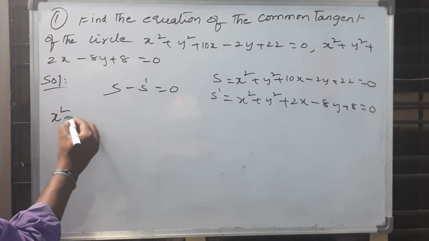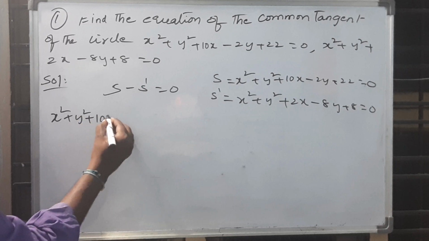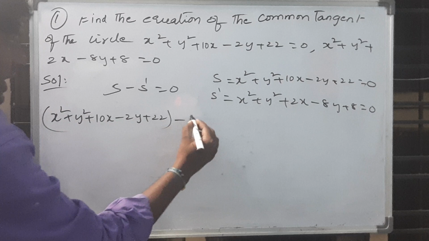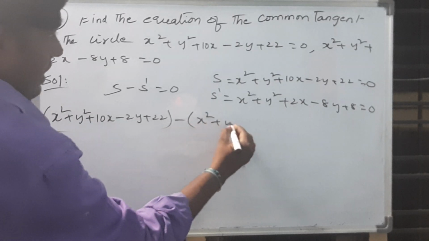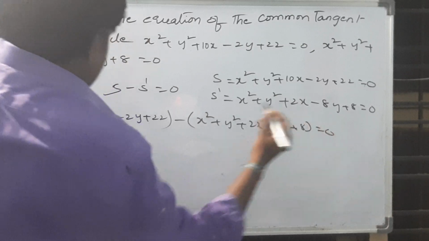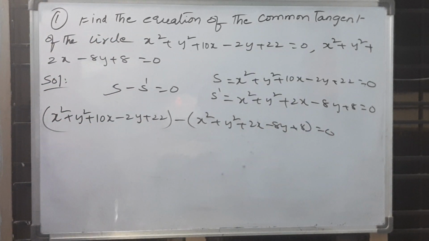S is x square plus y square plus 10x minus 2y plus 22, minus of S dash is x square plus y square plus 2x minus 8y plus 8 equal to 0. Here x square cancels, y square cancels.